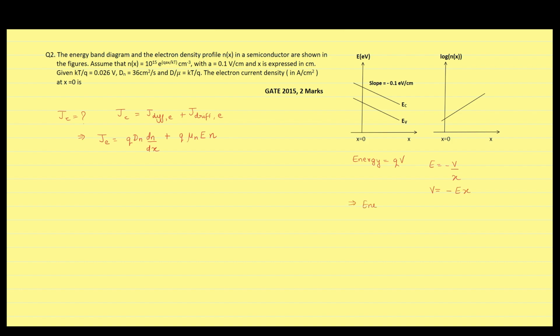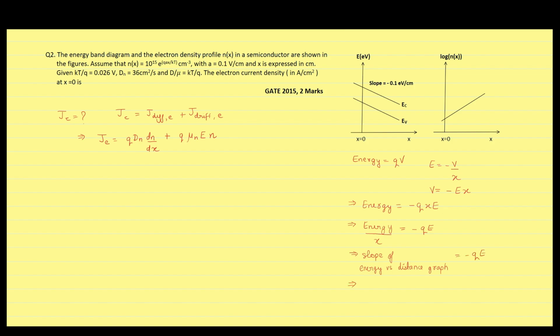So energy is equal to minus Q into x into E. We can see energy divided by distance x is actually equal to minus Q into electric field, and the term on the left hand side of the equation is nothing but slope of energy versus distance graph.